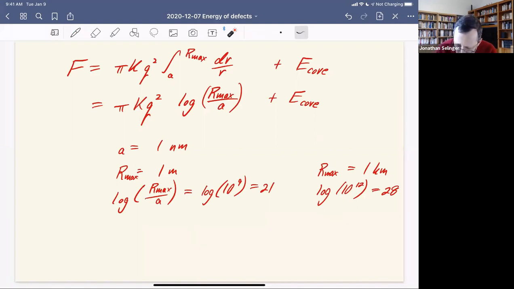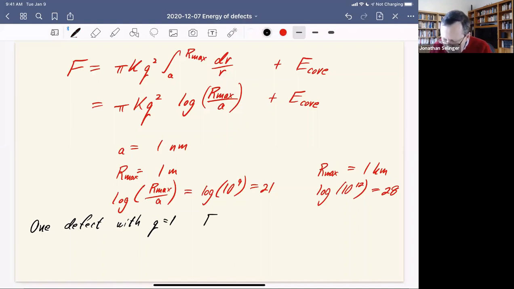So for example, if you have one defect with Q equals 1, then the free energy is pi k log R max over a.